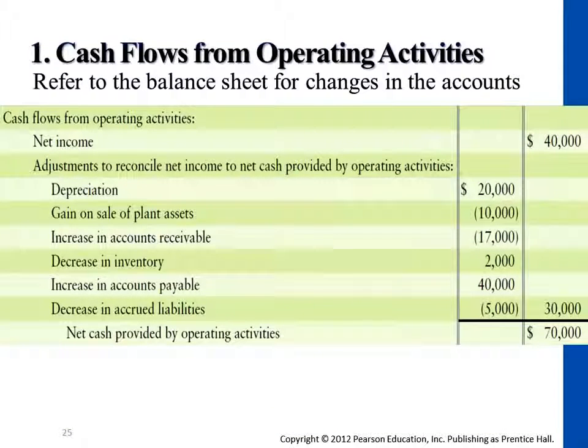So we'll have a net effect of $70,000 increase in cash. We start from 40,000 net income and adjust for the parts that have nothing to do with cash. Overall, from the effects of daily operations, we gain cash compared to last year, $70,000.